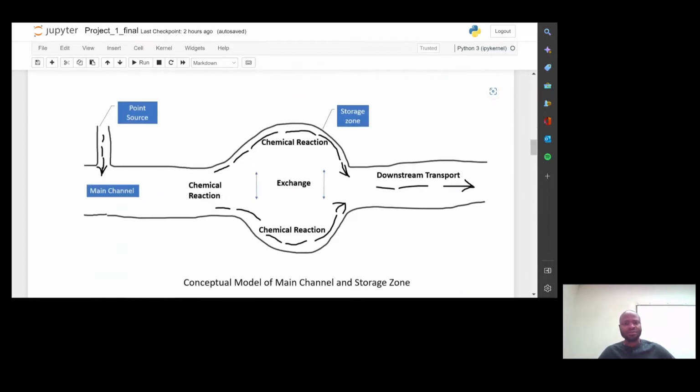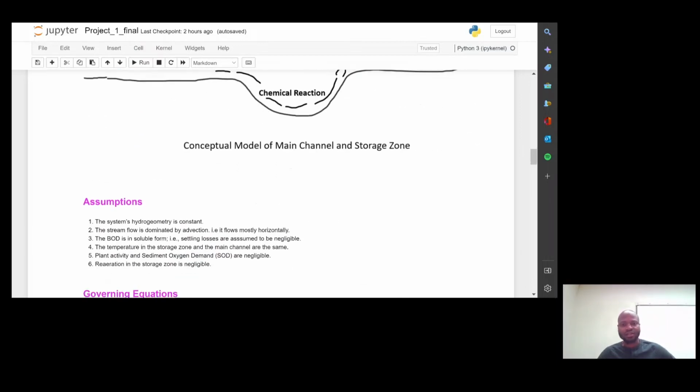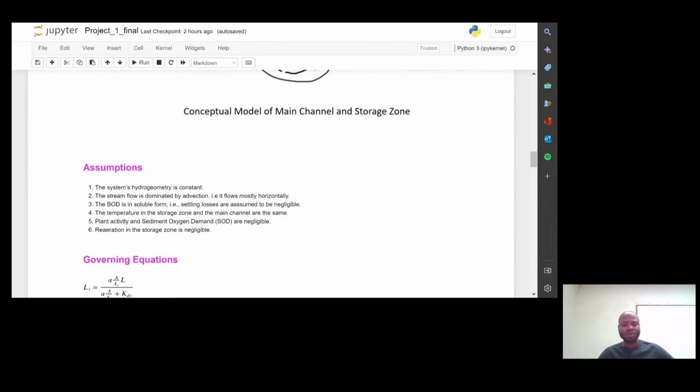The second conceptual model is just more details about the flow of water and pollutant in the stream. It also shows the point source, shows where we have storage zone, and that some chemical reaction is going on between them.